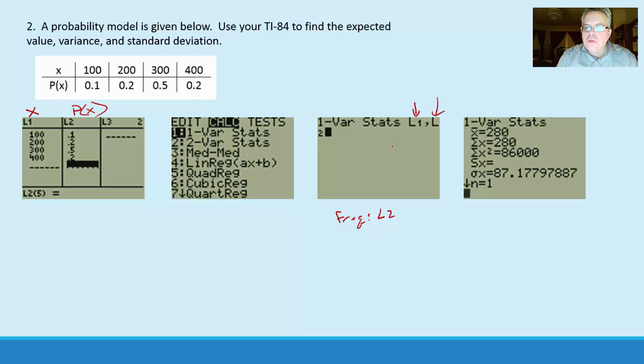So either way you do it, with the old way or the new way, we get this screen here. Now, the first number here, X bar, is kind of the wrong symbol for it. That's the expected value. So for this probability model, on average, the value is going to be 280 in the long run. Down here, we have the standard deviation, sigma.